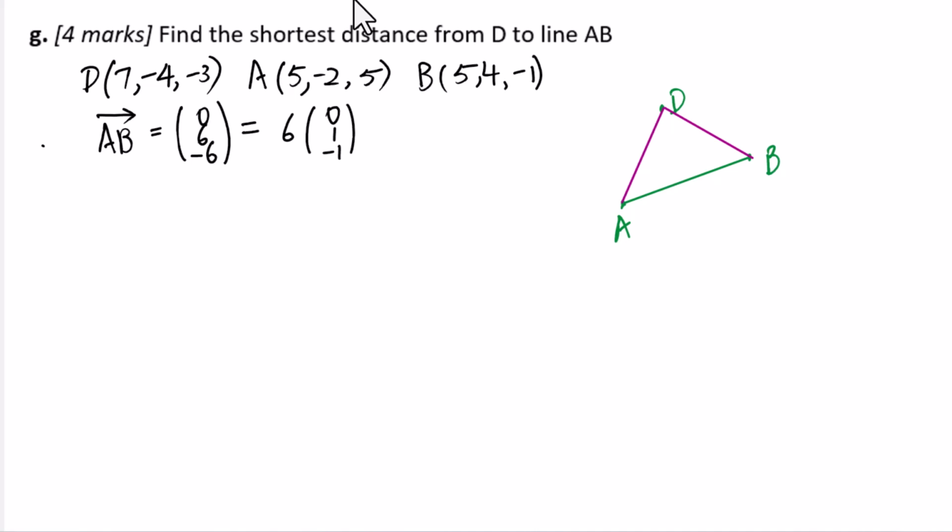From this D, let's draw the height H. We have two ways to work out the area of triangle ABD. One way, we can use cross product: 1/2 absolute value of vector AB cross vector AD.